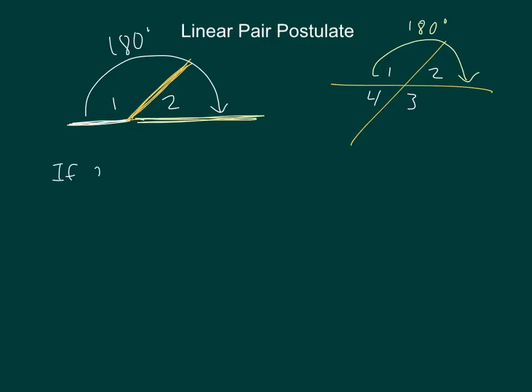If two angles form a linear pair, and angles 1 and 2 in my drawing above, in fact 1 and 2 in both drawings, form a linear pair, and if that's true, the conclusion is then they are supplementary.